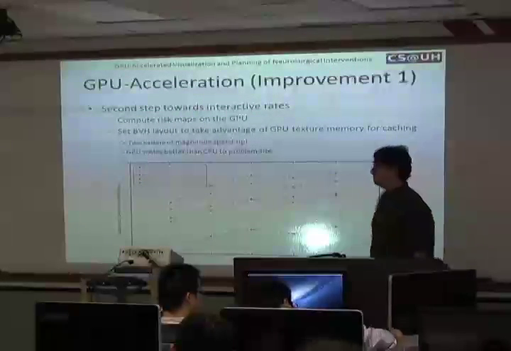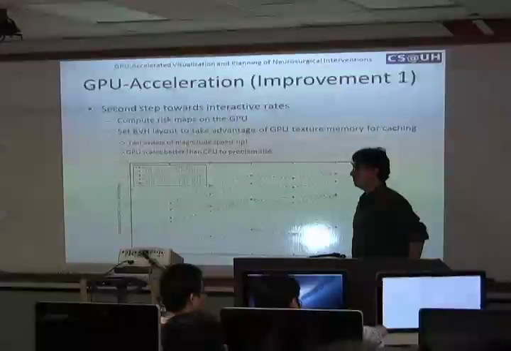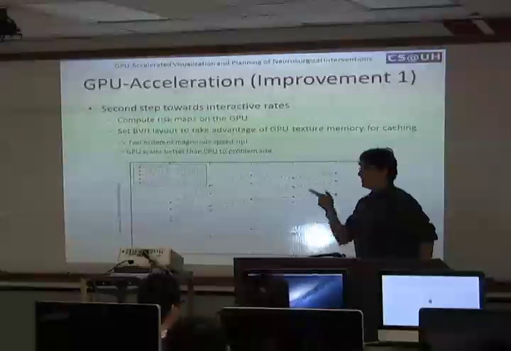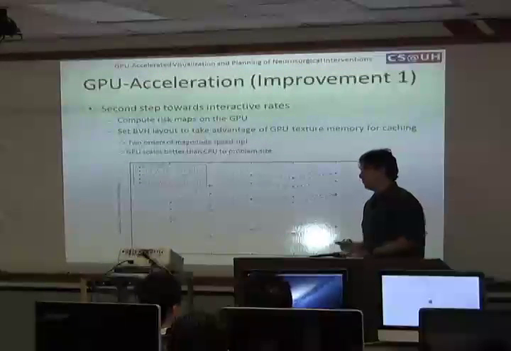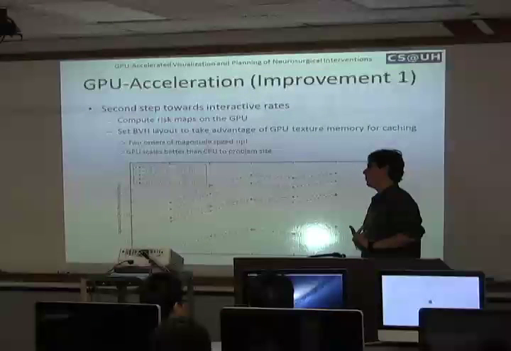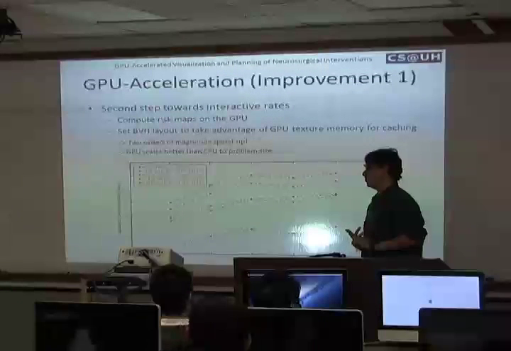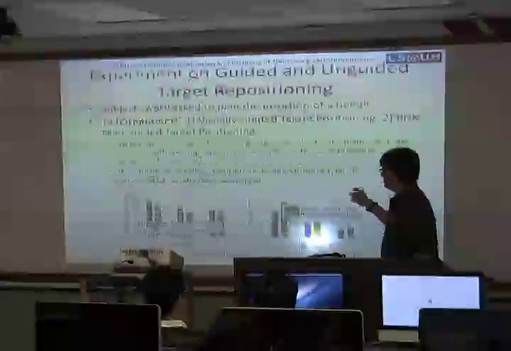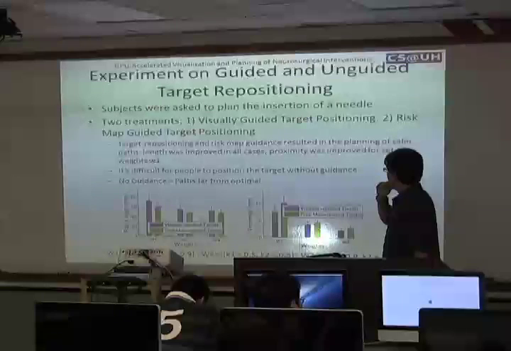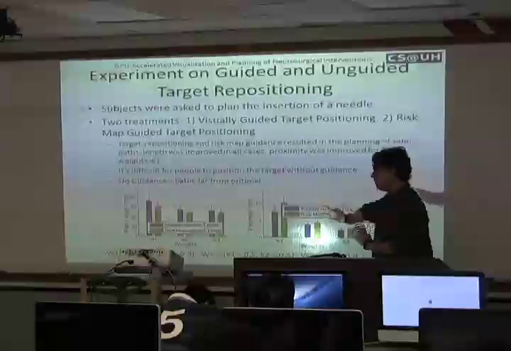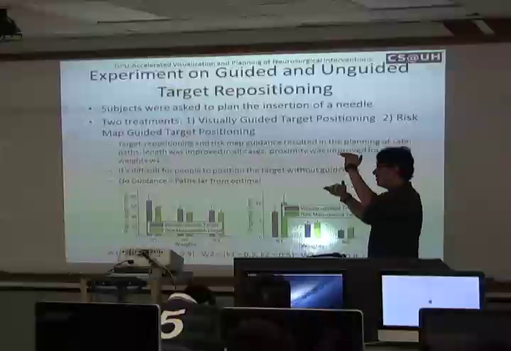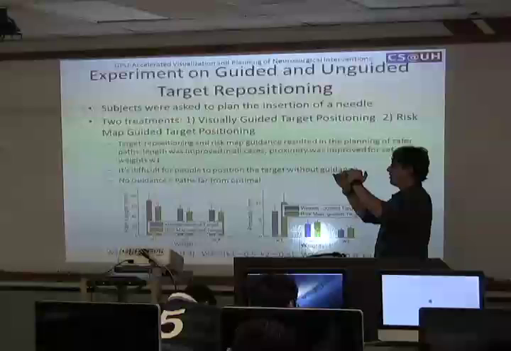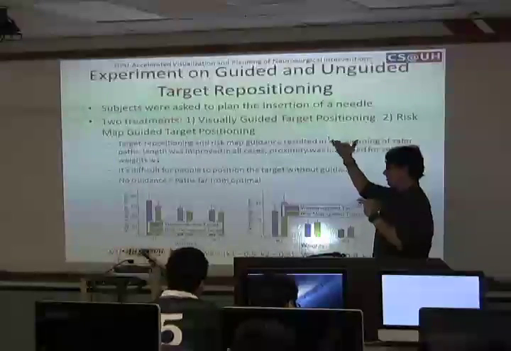So your results are sensitive to these parameters K1 and K2. How do you find the best values for them? That's the thing. It depends on the procedure and it depends on the surgeon's preferences. We tried one weighting where the length is more important than the proximity, one where they are the same, and one where proximity matters more.